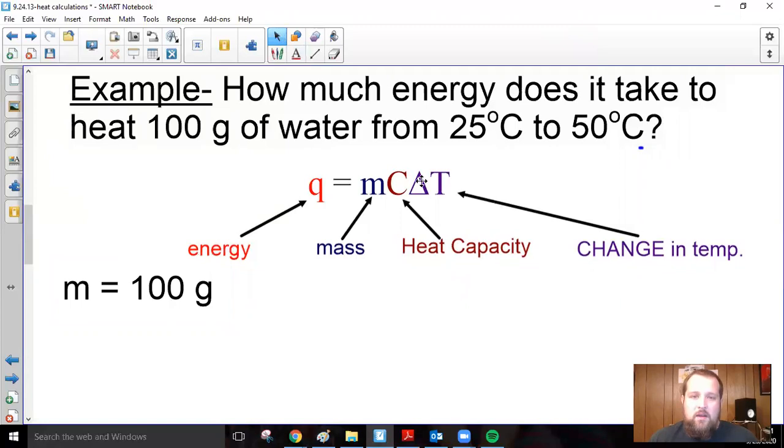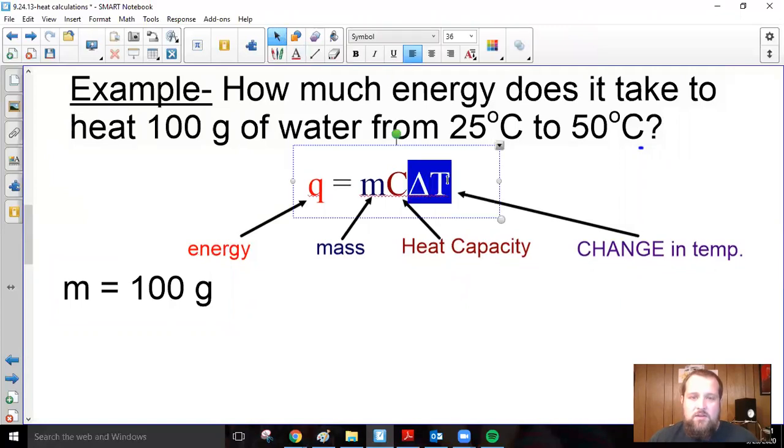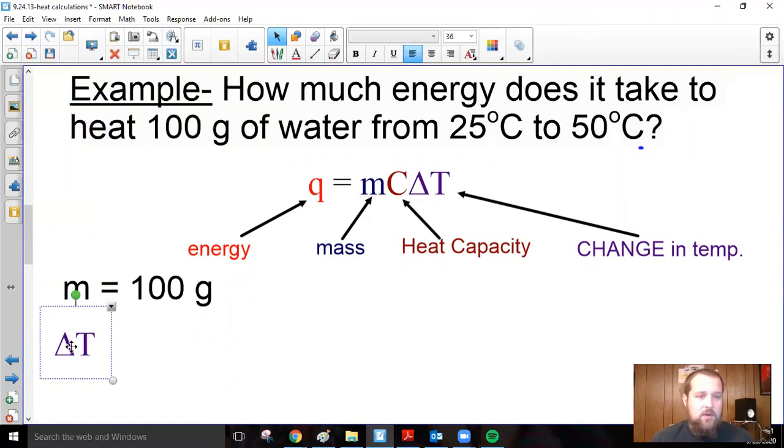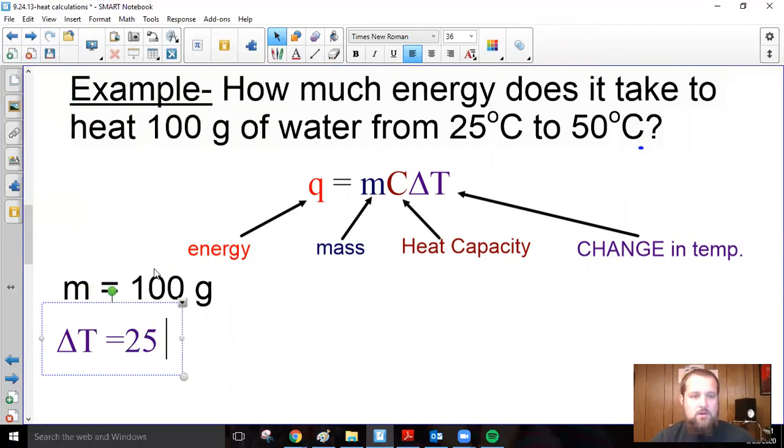So I know that is the change in temperature. I'm copying and pasting that because triangle T is a pain to type. So how much is the temperature changing? If it's going from 25 degrees Celsius to 50 degrees Celsius, 50 minus 25, that's 25 degrees.